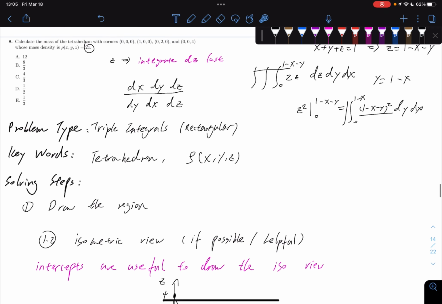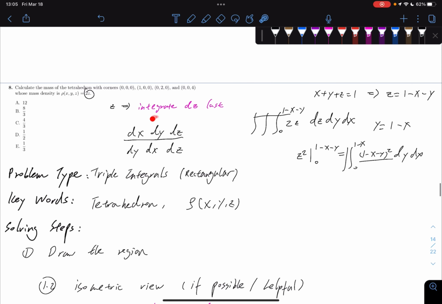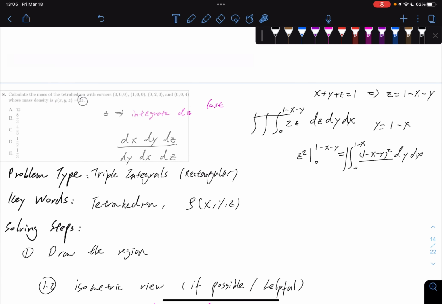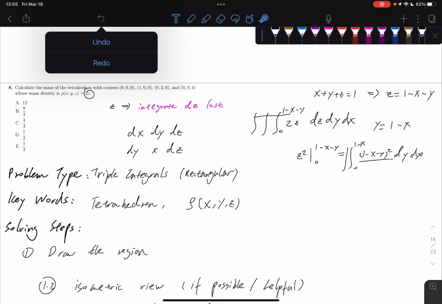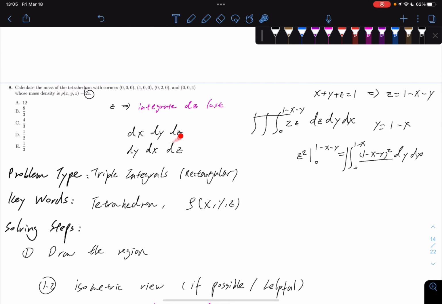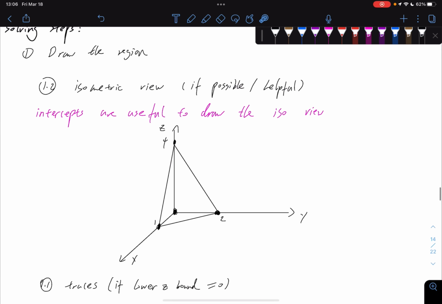So translating this into a diagram here, dy dz, y and z are my intermediate and outermost variables, and then z and y are just standing up right here.